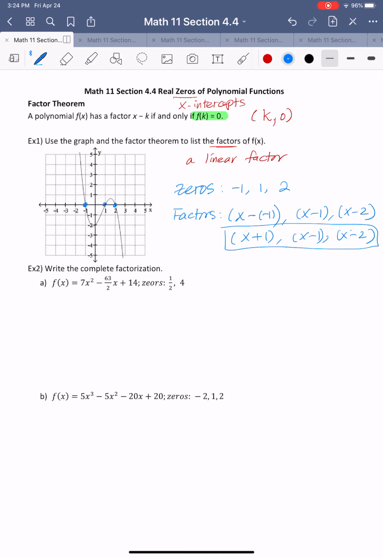And also write the complete factorization, which means we try to get to the factored form. If the polynomial is of degree 2, we are expecting 2 zeros, which are 1/2 and 4. And the a we call the leading coefficient.